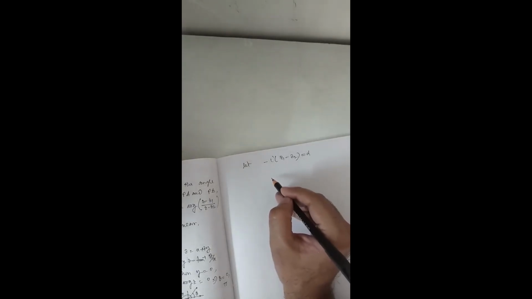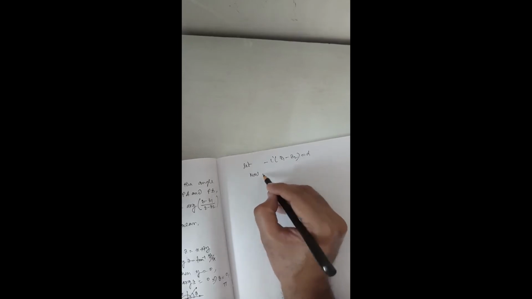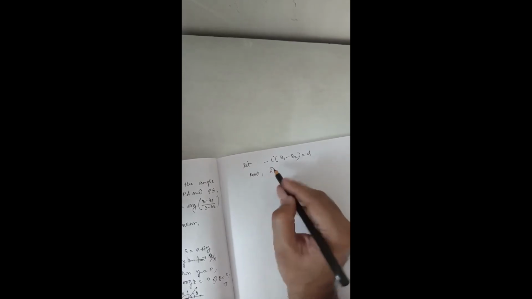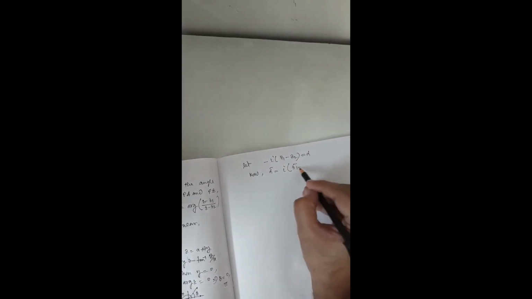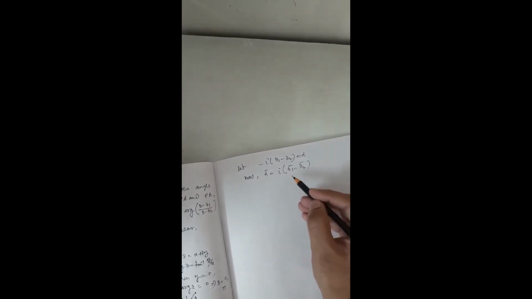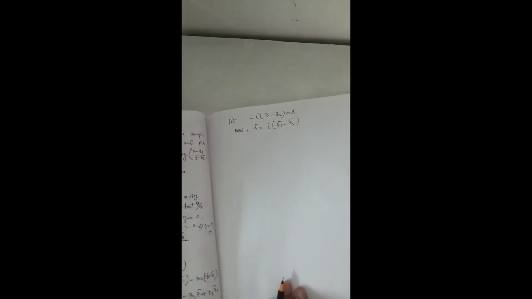Its conjugate, alpha bar, will be i, since the conjugate of minus i is i, and the conjugate of z1 minus z2 is z1 bar minus z2 bar, according to the principle of conjugation of complex numbers. Okay.